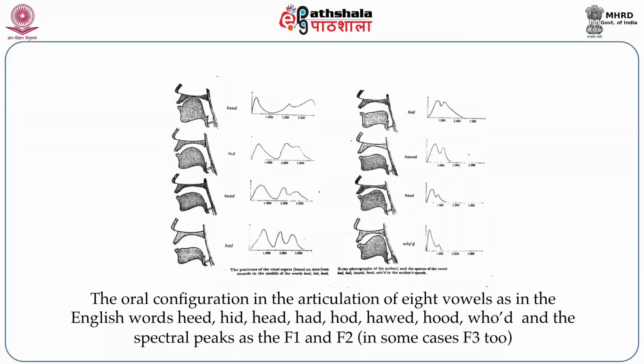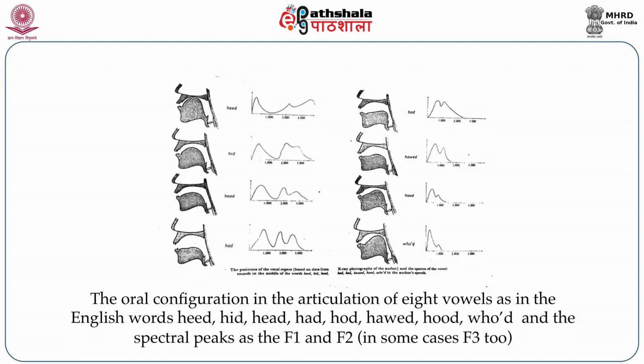Now, the oral configuration of different vowel articulations and corresponding formant frequencies can be seen in this figure taken from Ladefoged. And this is a beautiful depiction, not just diagrammatic.